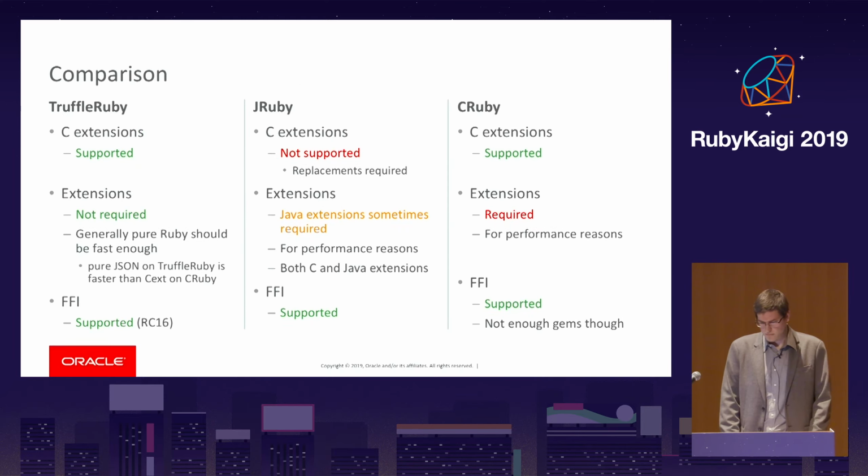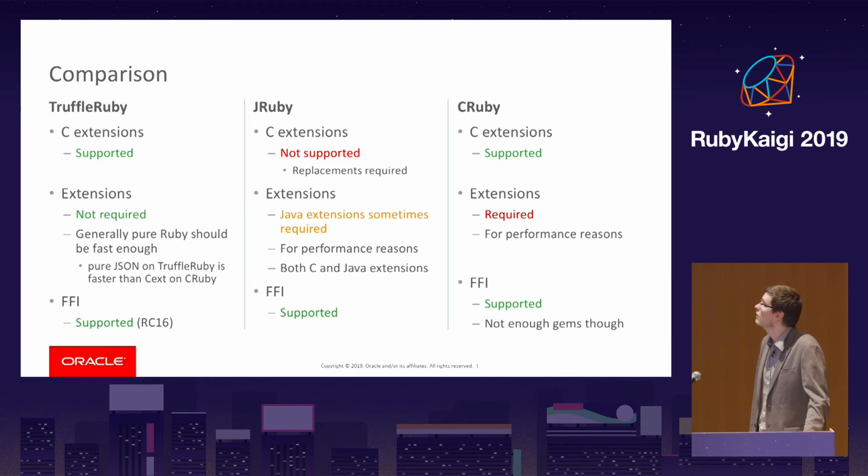So if we have a look at the end in the table, the small comparison, we start with the C extensions on CRuby. C extensions are of course supported, and on JRuby they are not supported, so you need some replacements, which leads to problems because you then have, for example, different gems in development if you want fast startup, and different gems in production.